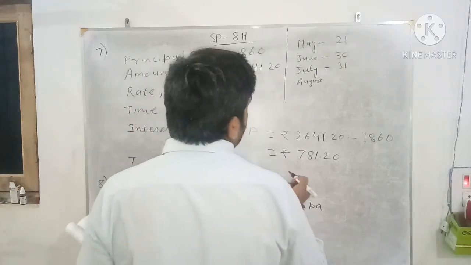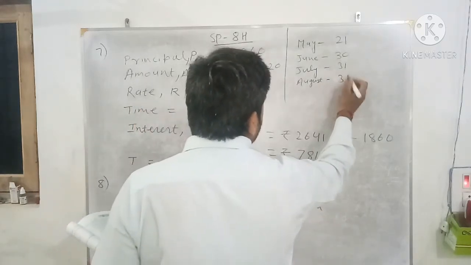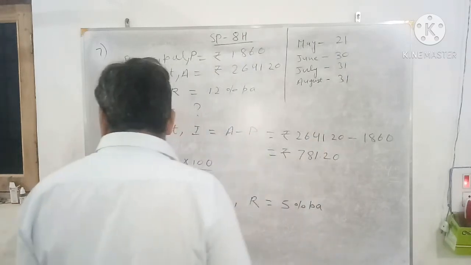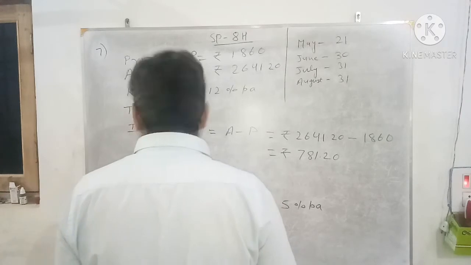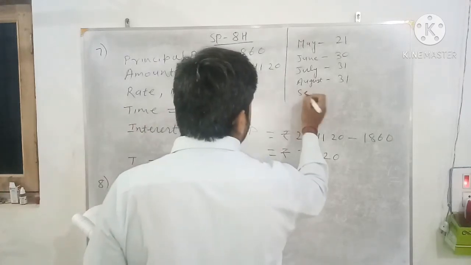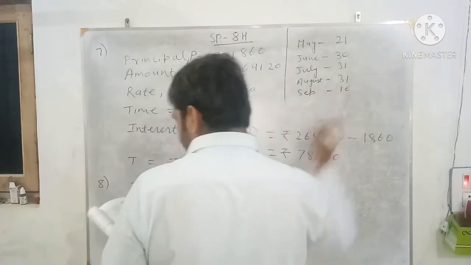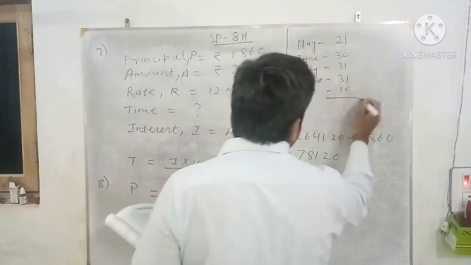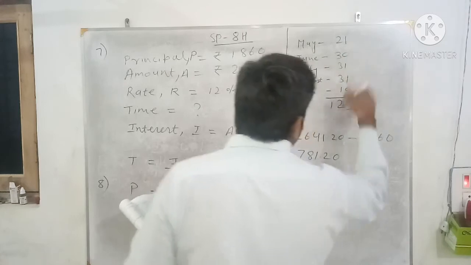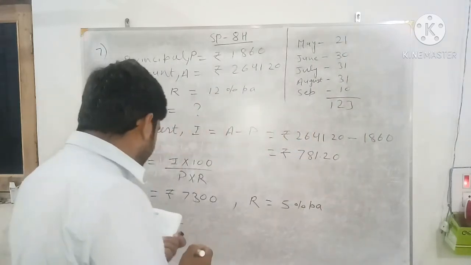August is also 31 days. Now September: here, till 10 September, so in September there are 10 days. So May, June, July, August and September, when you add, you will get a total of 123 days.